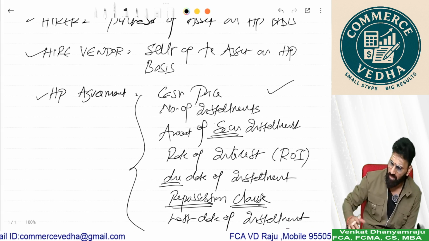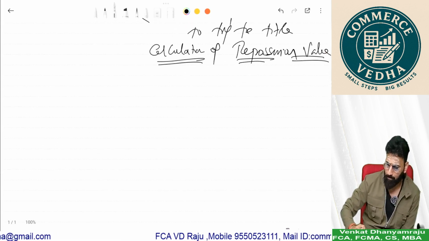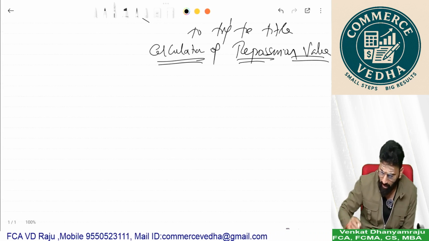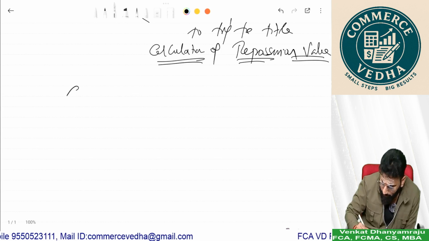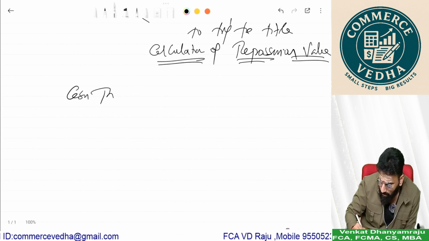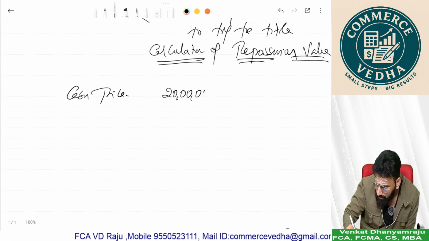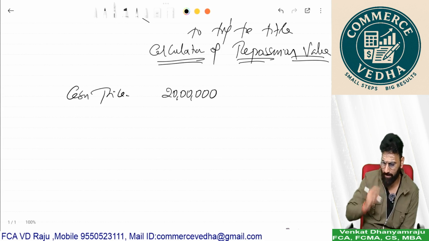Now take a small example here how it works. It can work in many other ways. The first way, as always, say suppose cash price take 20 lakhs, right?